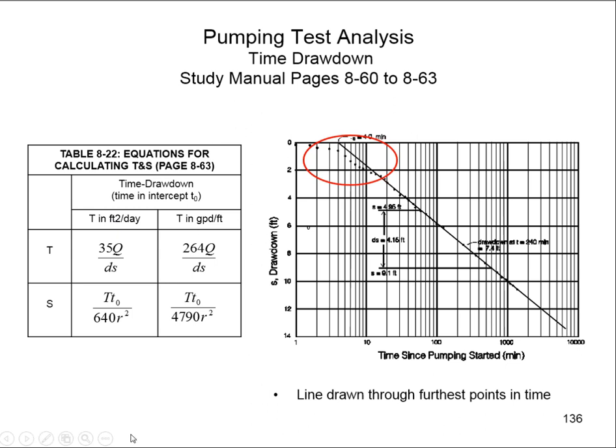What happens if you've memorized the feet squared per day equations and all of the answers are in the gallons per day per foot units? How do you convert? Do you remember that 7.48 conversion factor that was in that red box? Well, that is going to bring your 35 up to your 264.